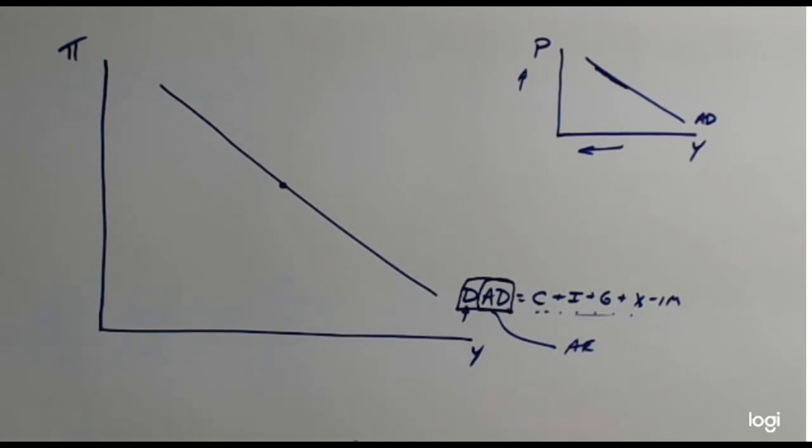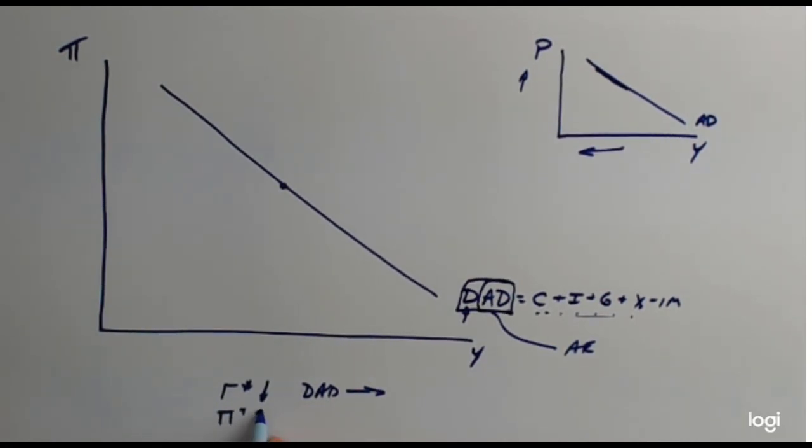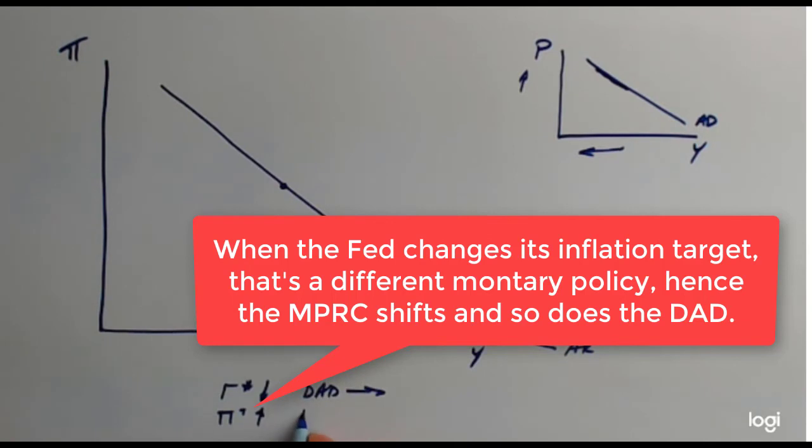So if the long-term real rate goes down, the dynamic aggregate demand curve will shift out to the right. Or if the inflation target goes up, the Fed is more tolerant of inflation, the dynamic aggregate demand curve goes up.